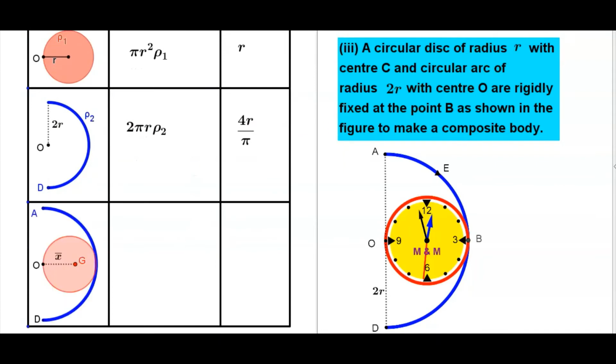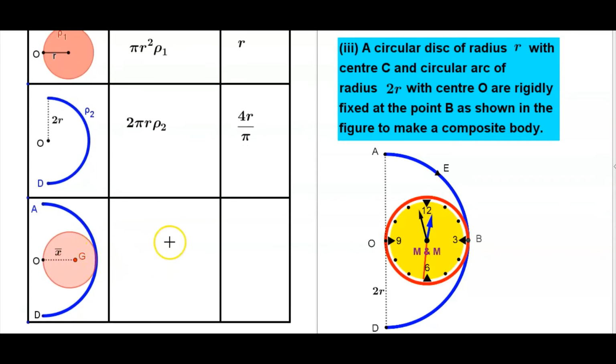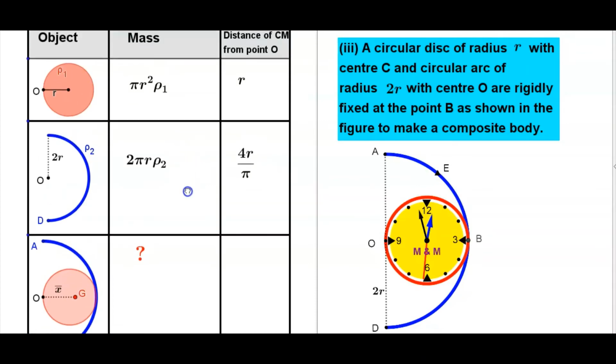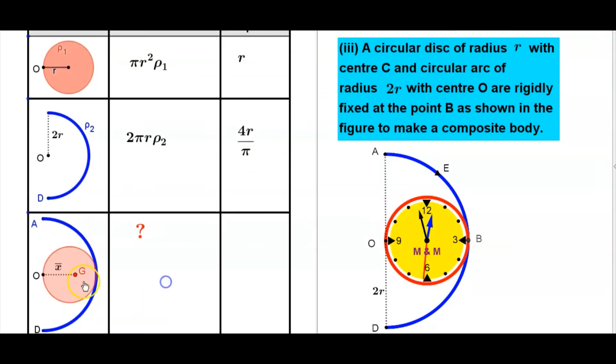Now for the composite body, we want to find out the center of mass. What is the mass of this composite body? This composite body is made by this arc and this disc. When we add these two masses, that is the mass of this body: pi r squared rho 1 plus 2 pi r rho 2.